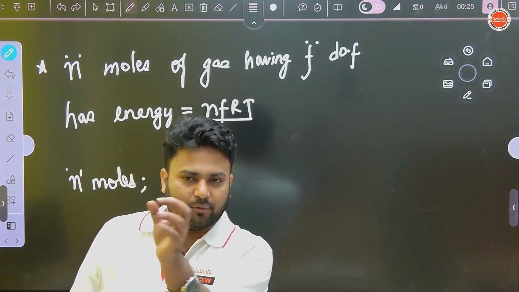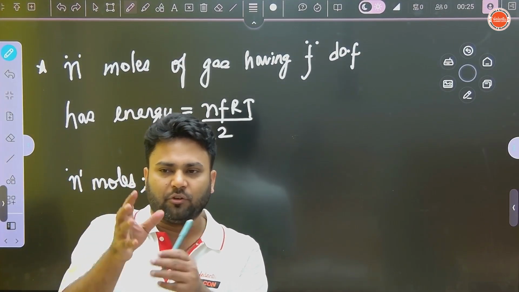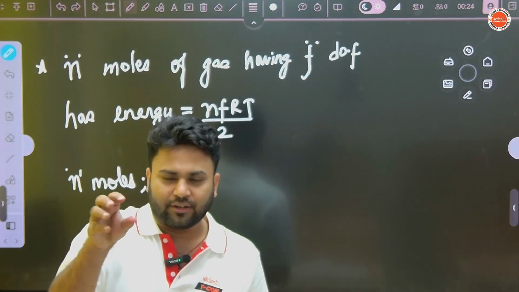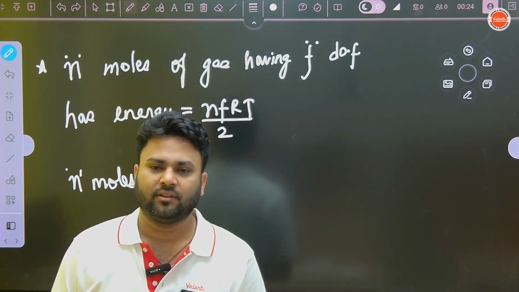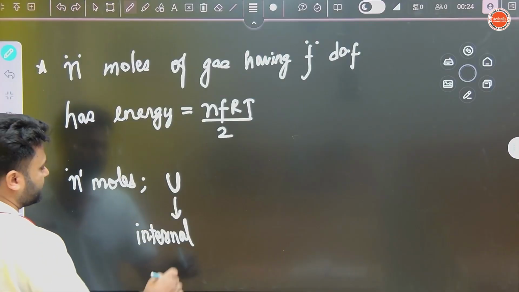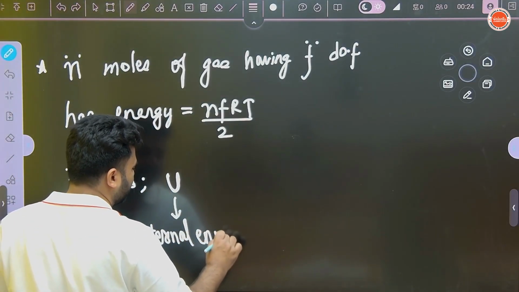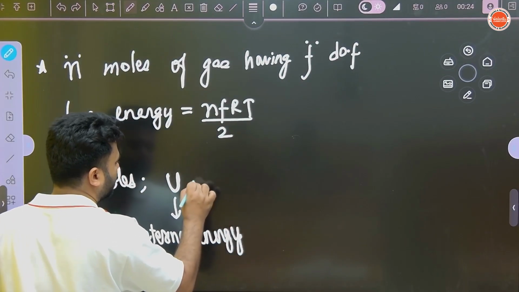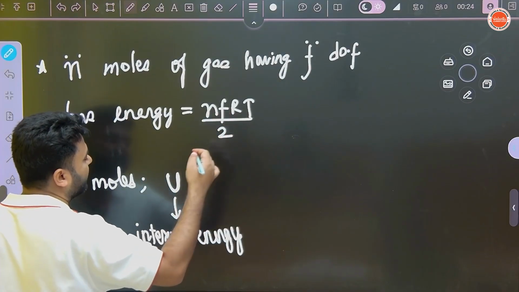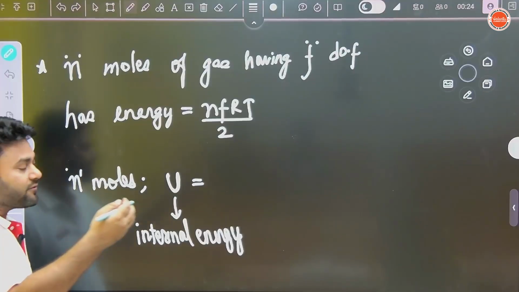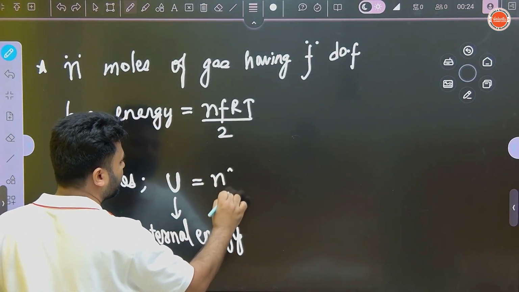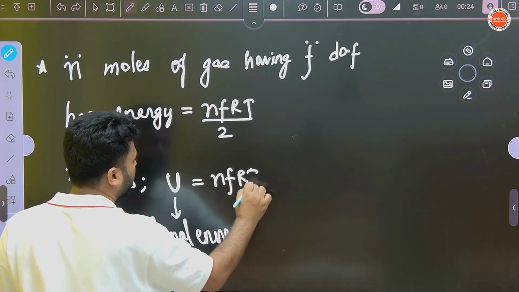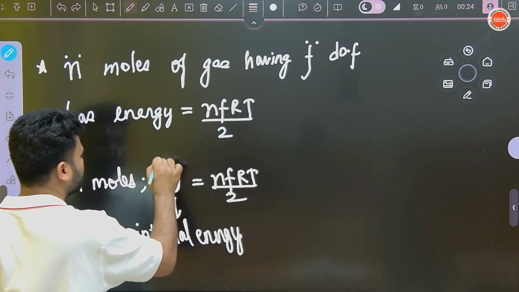In a container there will be a lot of molecules, every molecule is moving, they have some energy. So the energy of all the molecules is called the internal energy. So remember the internal energy formula like this: n f R T by 2.